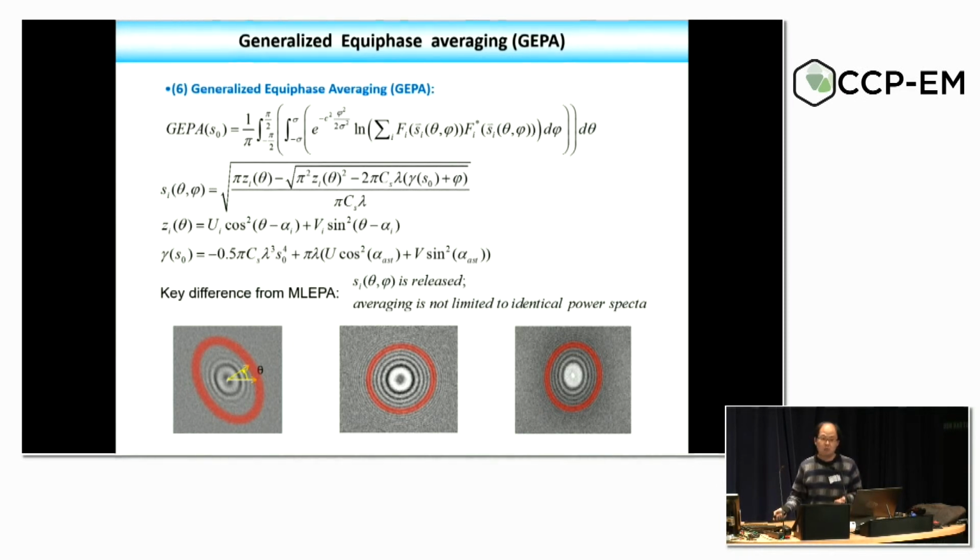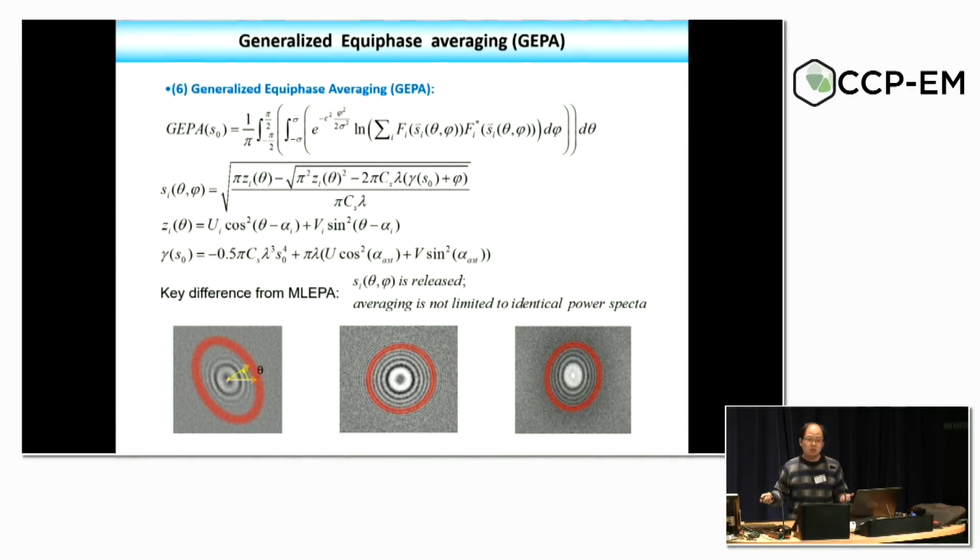How could it help? Or how can we utilize this generalized equal phase averaging approach? Because it's just a concept for improving the signal to noise ratio.